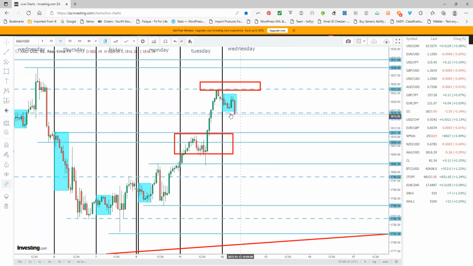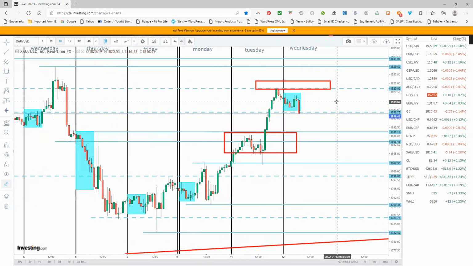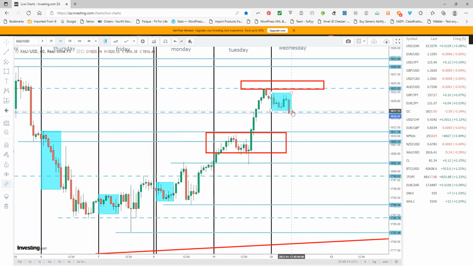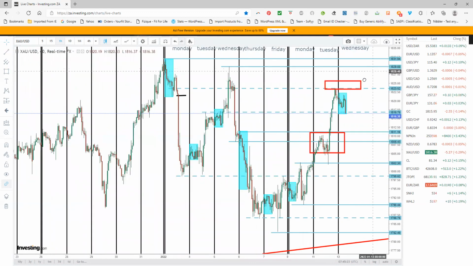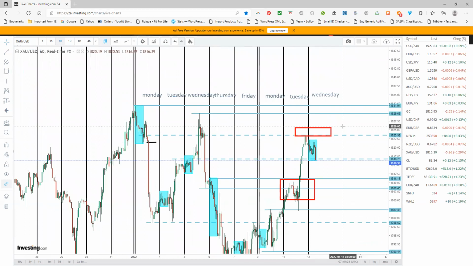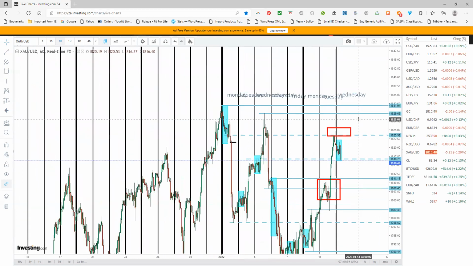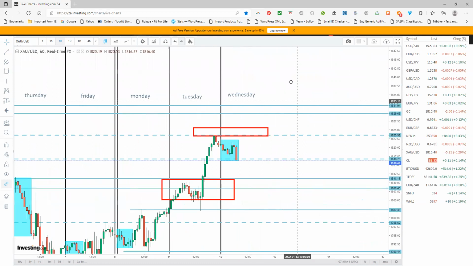So look here, price is breaking this, but we're still in the Asian session. We're still in the Asian session, so we're not taking the trade. But this is level 1. This is level 2. Remember we showed you when we went to the higher time frames. Price is going to drop a little bit below here and then shoot up because we need to create a level 3 up here. Definitely.